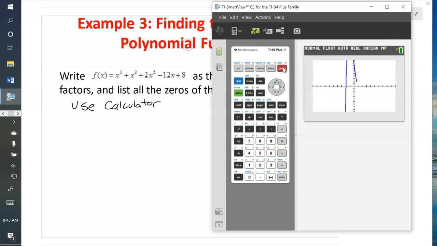Now I'm going to graph that. And every time this graph touches the x-axis, I have a 0. So let's go ahead and find these zeros.